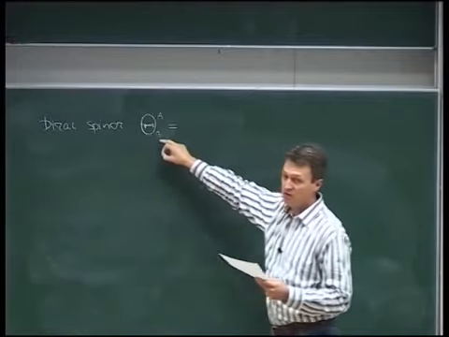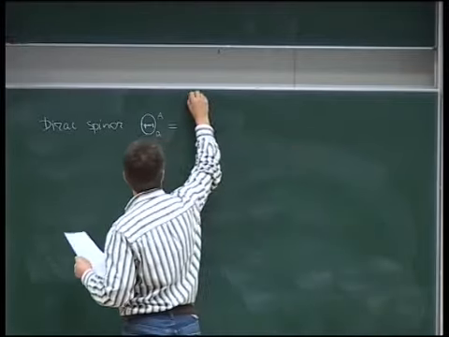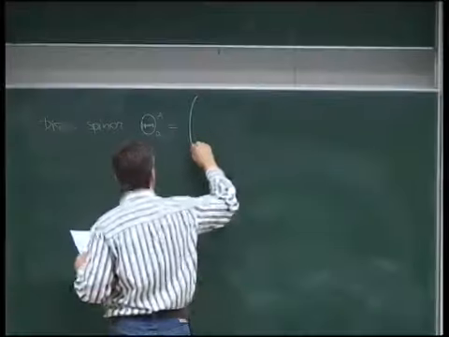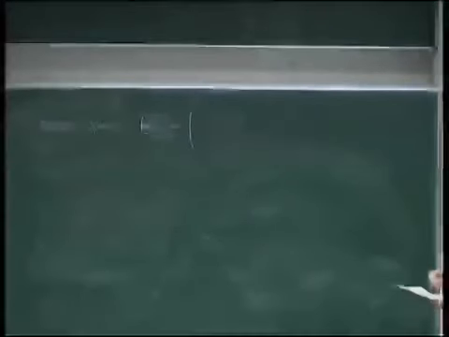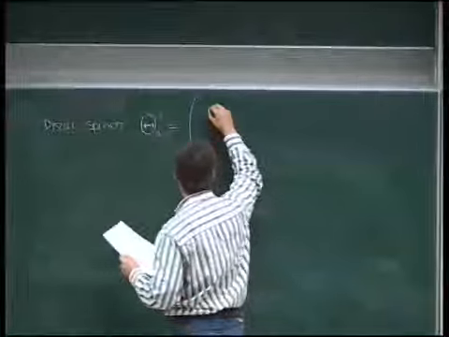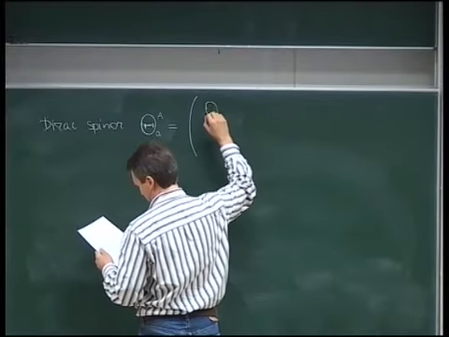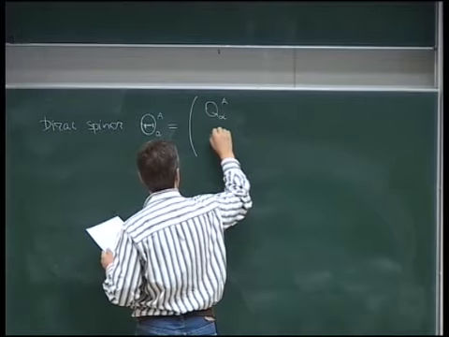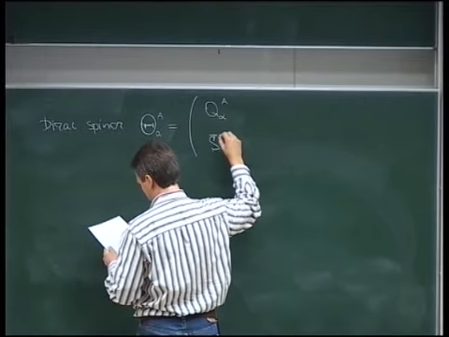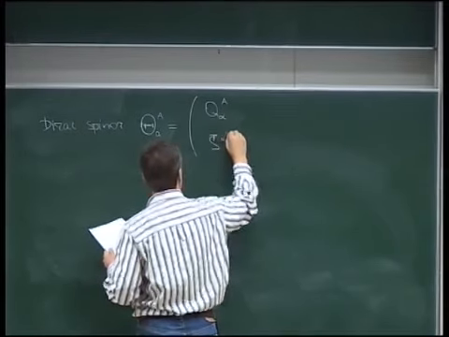So this A is now a Dirac index, which means that it should have two components: the left chiral spinor, which we take to be Q, and the right anti-chiral spinor, which we take to be S.